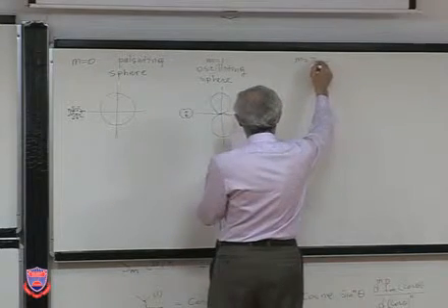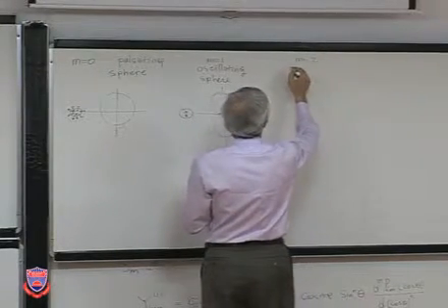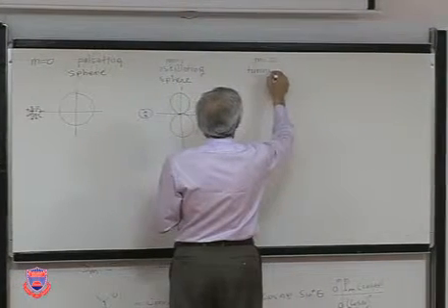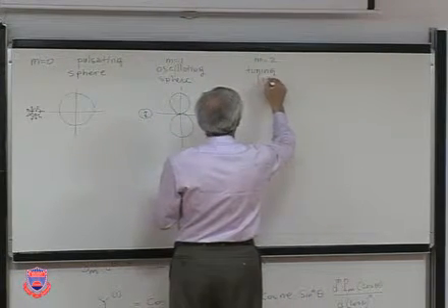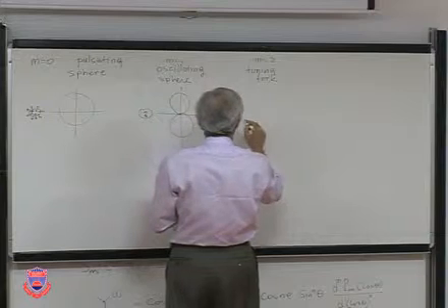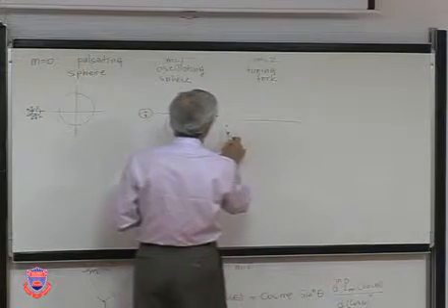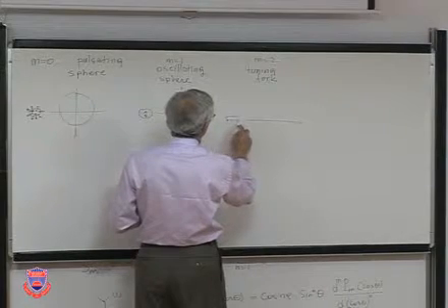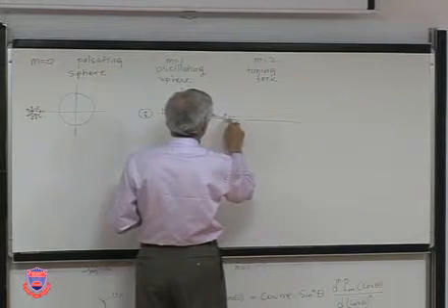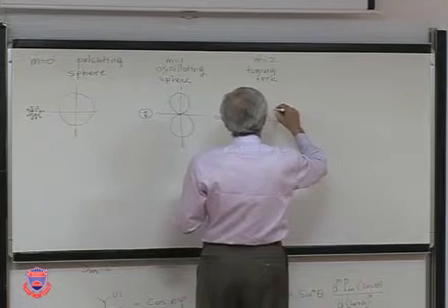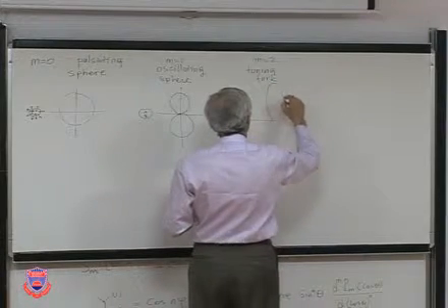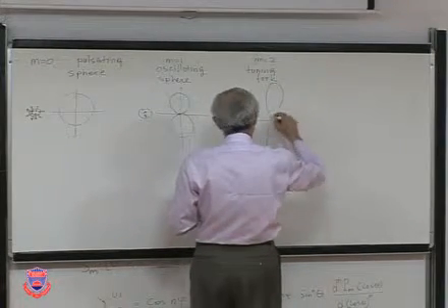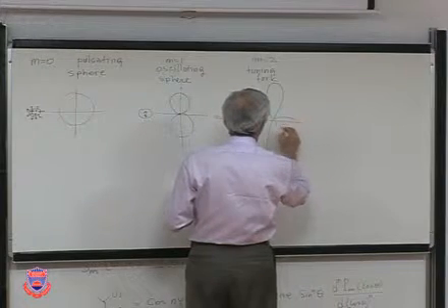Yet a different example is something like a tuning fork. If you have the tuning fork, let me make it in the same direction. You have main lobes and side lobes.